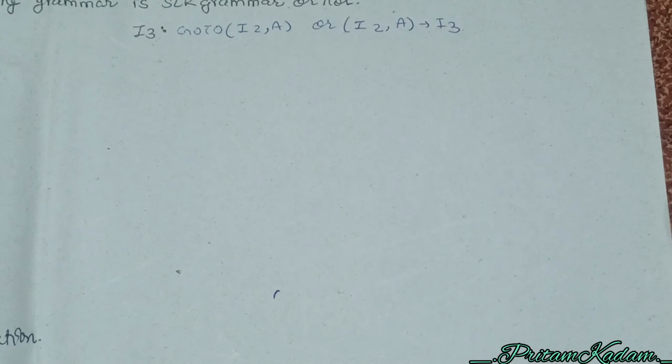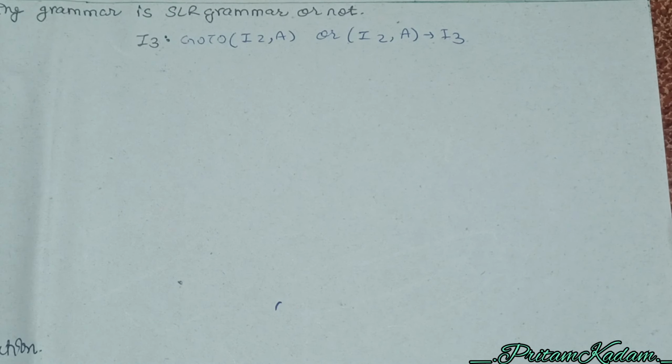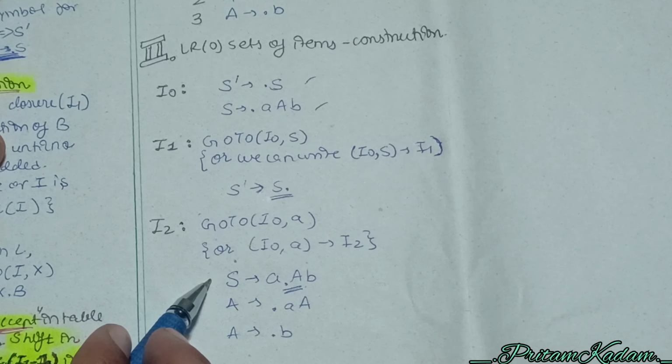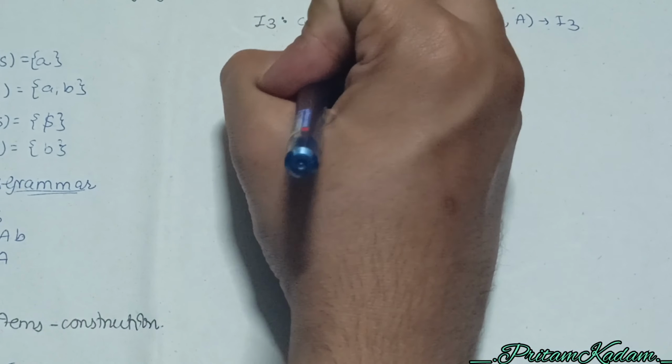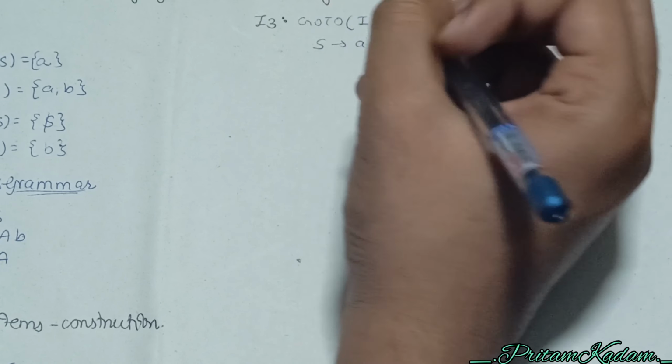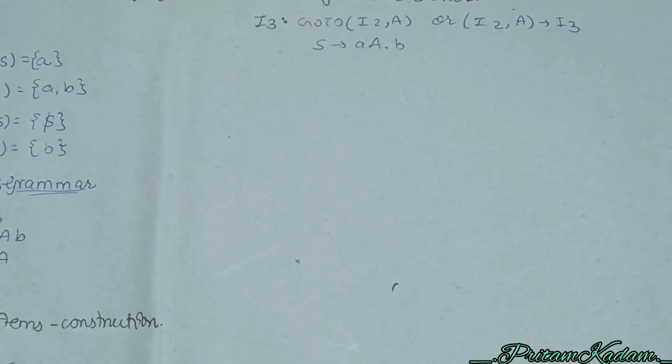I will write the same production, but I will move the dot from before capital A to after capital A. So S gives a, then non-terminal capital A dot B.